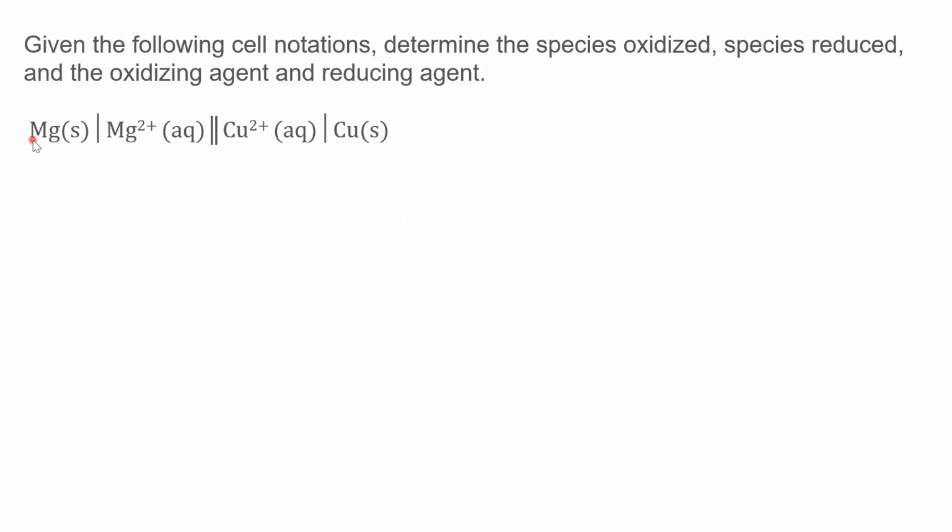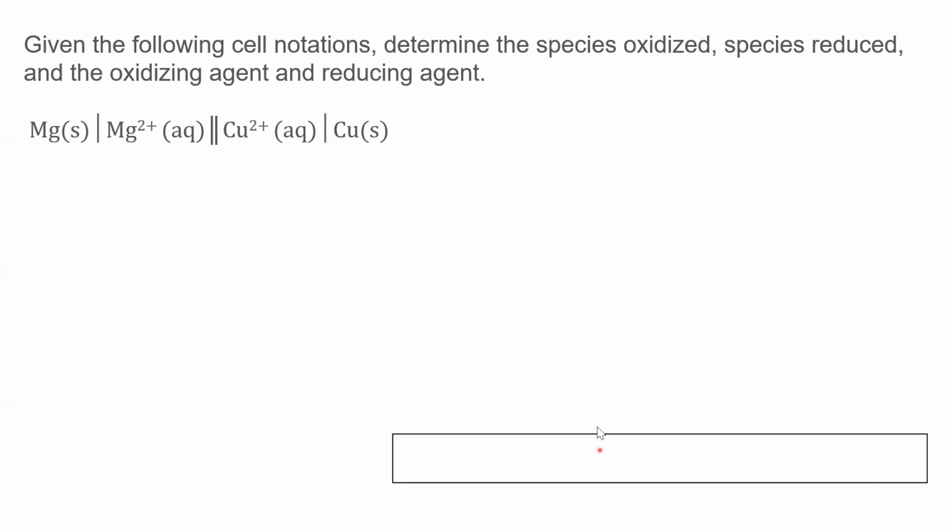We're given this cell notation. We want to determine what's being oxidized, what's being reduced, what's the oxidizing agent, and what's the reducing agent. Okay, so the substance that's oxidized is going to be losing electrons, and the oxidation number or the oxidation state is going to be going up.